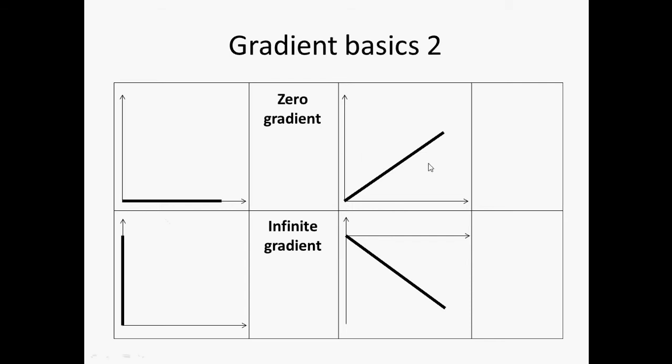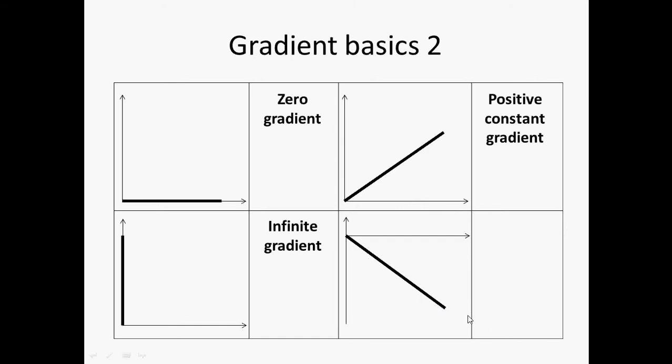Now, how about these two cases? For this case, it is pointing to the top right, and the gradient is constant. Top right means that the gradient is positive. So you add these two pieces of information together and you get a positive constant gradient. Similarly for this case, the gradient is negative because it's pointing to the bottom right, and it's constant.